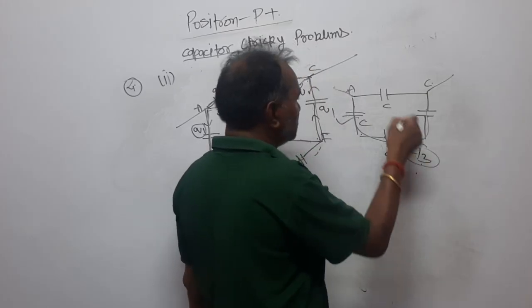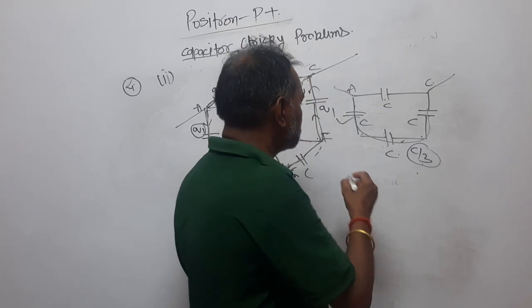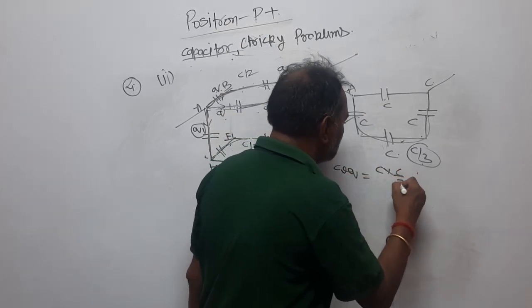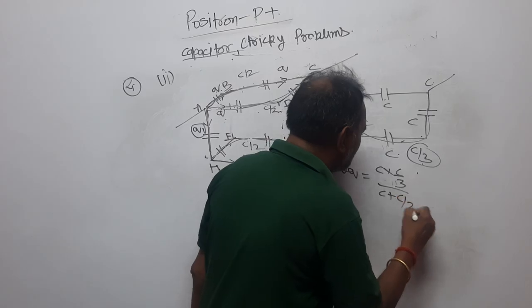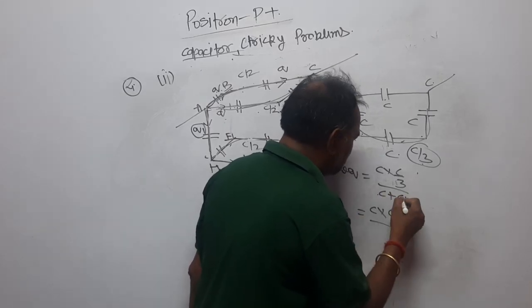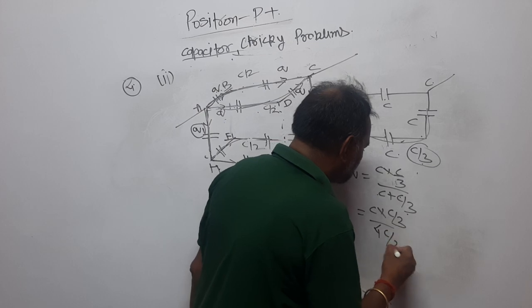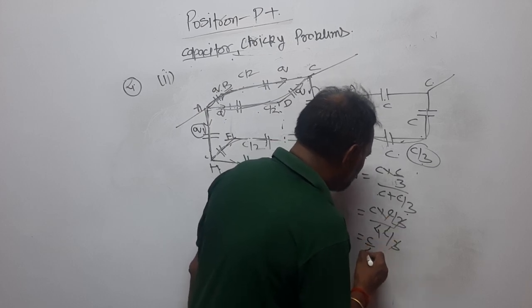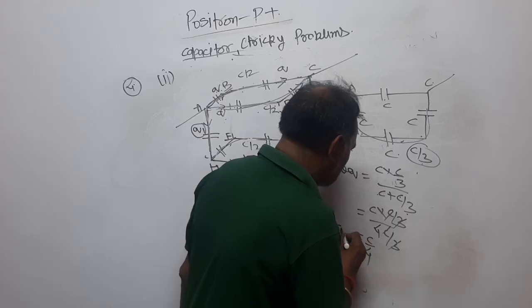And now this C by 3 and C are in parallel, so how will you find out? C equivalent will be C into C by 3 over C plus C by 3. So it becomes C into C by 3 over 4C by 3. This 3 would be cancelled, C will cancel, and the answer would be C by 4.